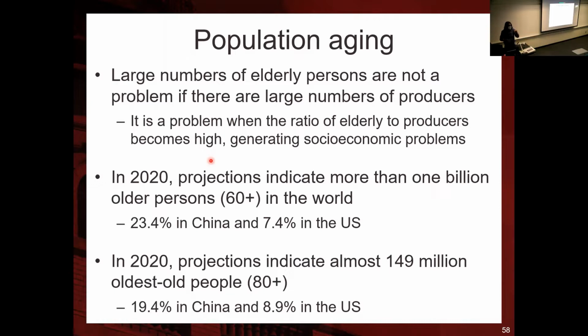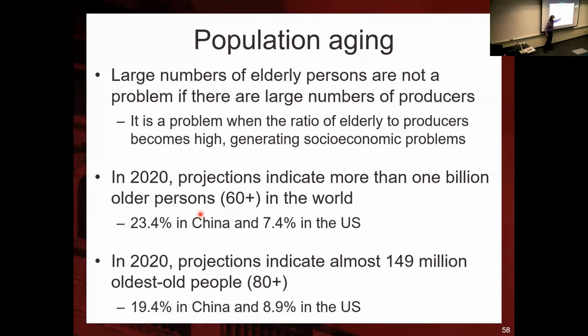But overall, in terms of the population projections, for 2020, just last year, the data, estimated based on previous years, indicated that more than 1 billion people with at least 60 years of age will be present in the world.